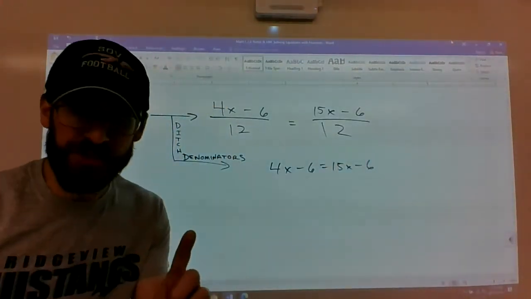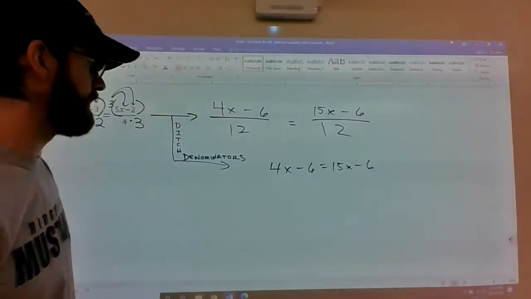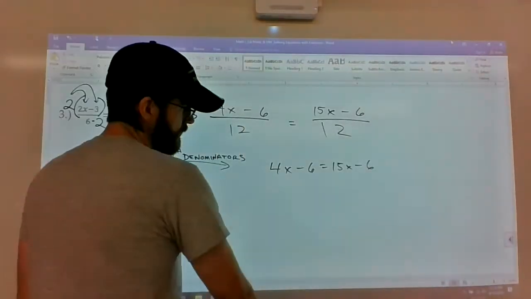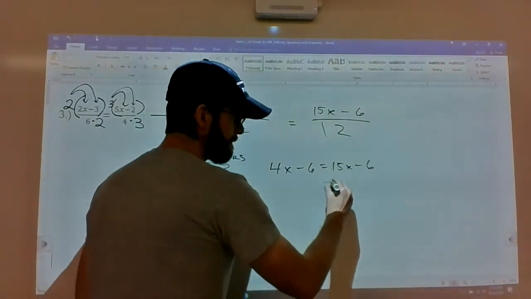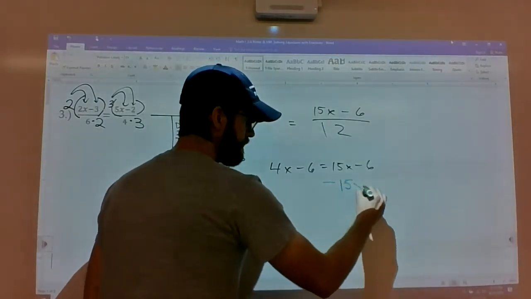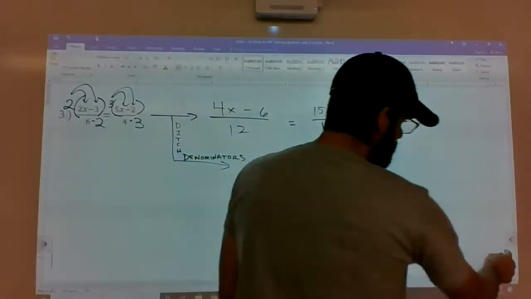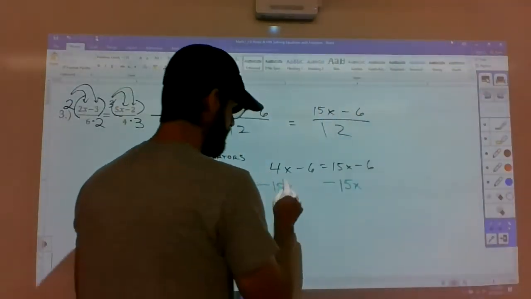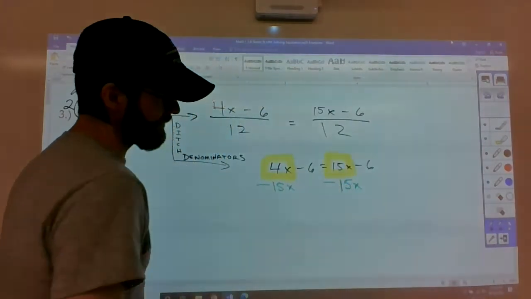Remember, the ditching is due to the fact that I can multiply both sides by 12 and it'll cross cancel it. So now I'm going to move my x's to the left. And notice I'm only combining x terms with x terms.